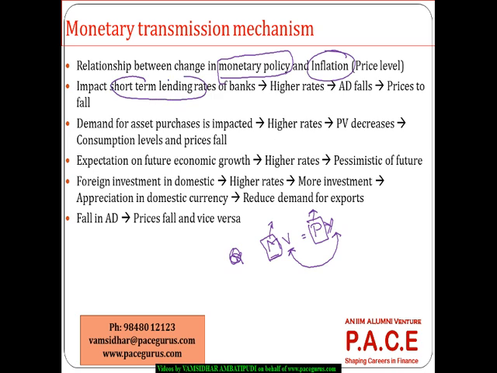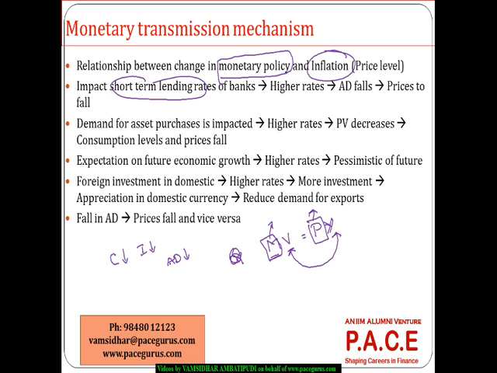So if the rates are much higher, we see that the consumption activity is going to go down, the investment activity is going to go down, which means the aggregate demand as such is going to go down.